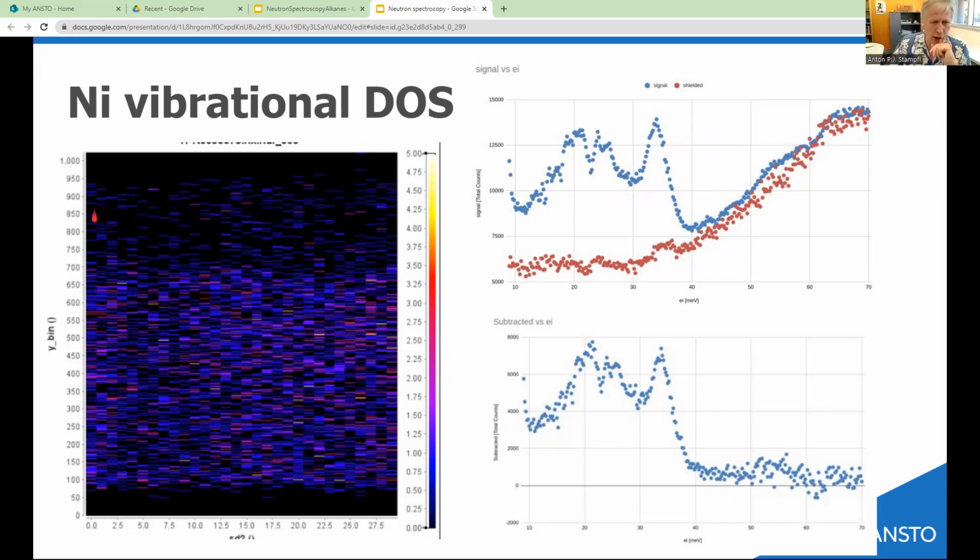Then there's this strange region around the 700 bin value to about 950. Why is that so low in intensity? It's because we stuck a bit of cadmium over the top of the bank of detectors.